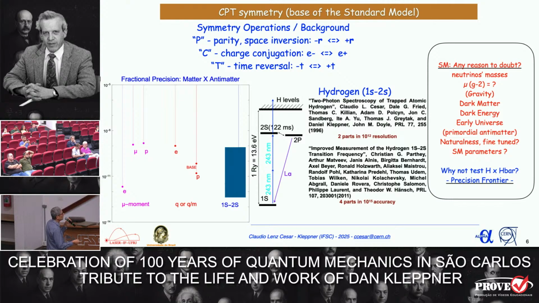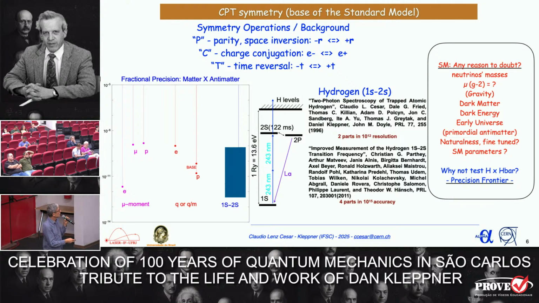So, long time ago, we decided to test CPT by comparing hydrogen with antihydrogen, okay? And basically, I had just completed this measurement under the group of Dan Kleppner and Tom Greytak at MIT, where we did 2-photon spectroscopy of hydrogen in a magnetic trap to a very high precision.